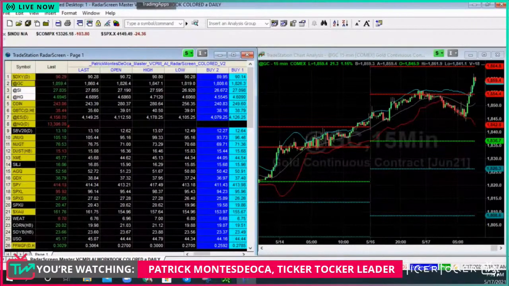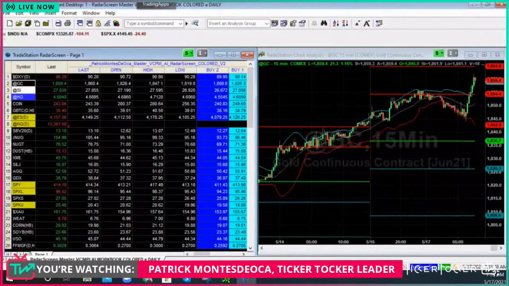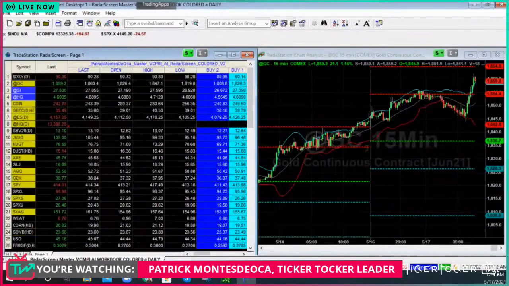So we have a lot of calibration going on in the marketplace with regards to values, and in particular, I think all of this stimulus coming into the market does not bode well for the U.S. dollar.